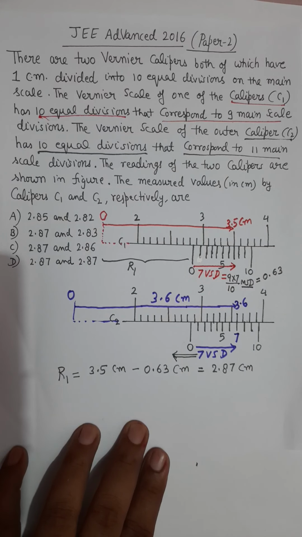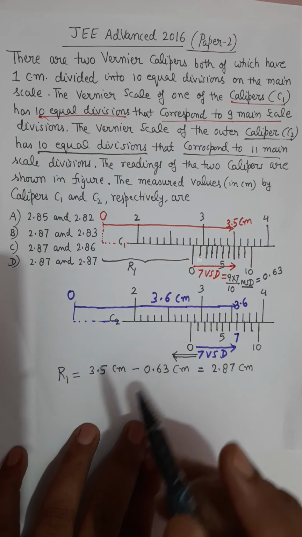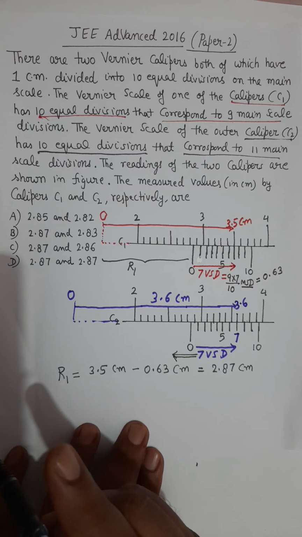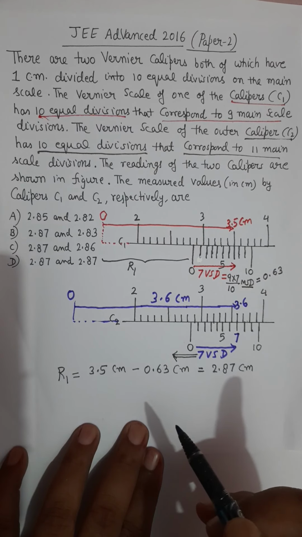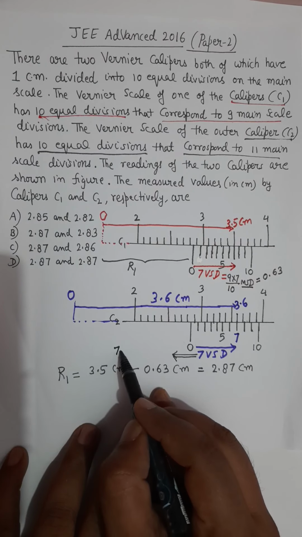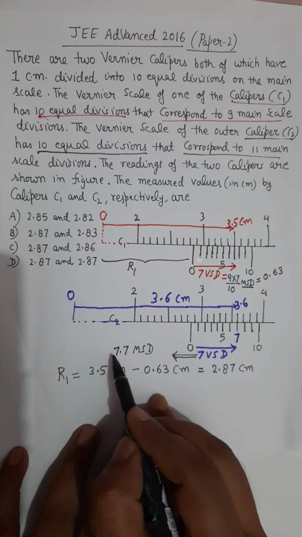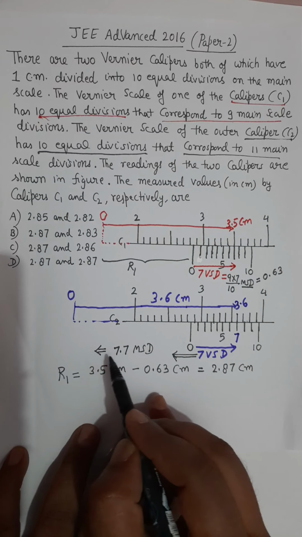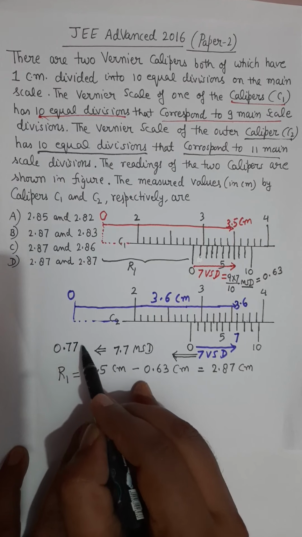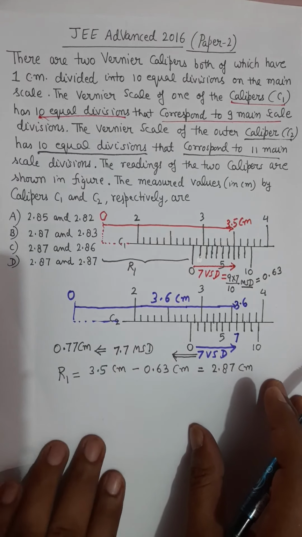So if 10 vernier divisions correspond to 11 main scale divisions, then by unitary method, 7 vernier scale divisions will correspond to 7.7 main scale divisions, which means 0.77 centimeter, because one main scale division is 0.1 centimeter.